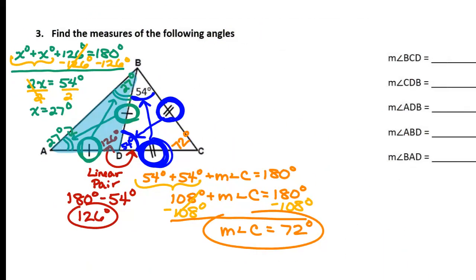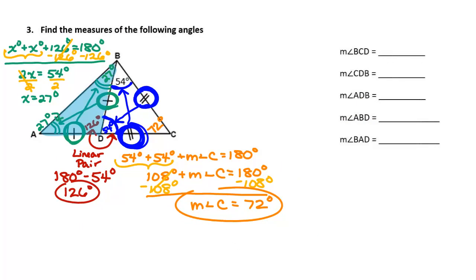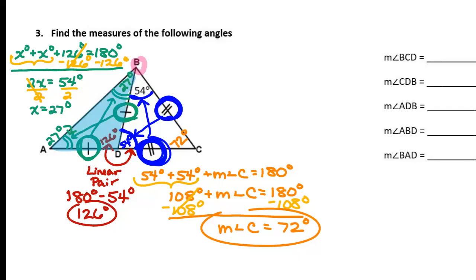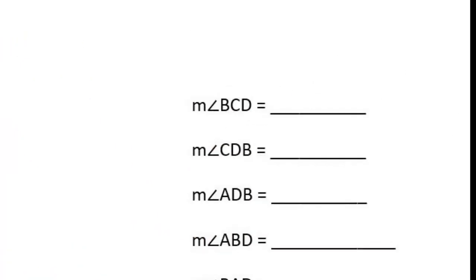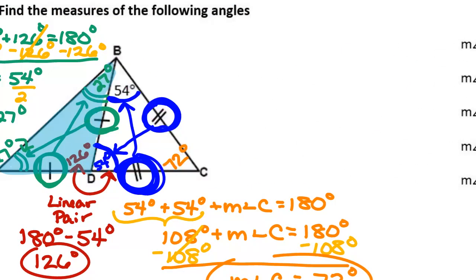All right, we found all the angles. Let's come over here and answer these questions. We just have to identify which angle it's talking about. First one up is BCD. How big is that angle? 72 degrees. All right.